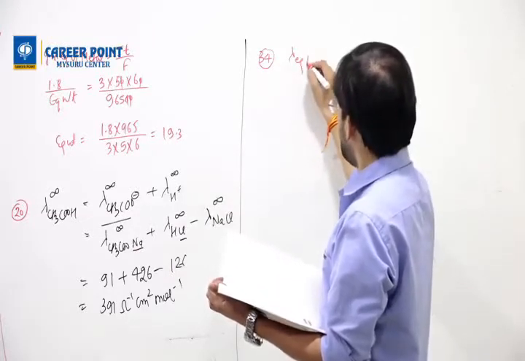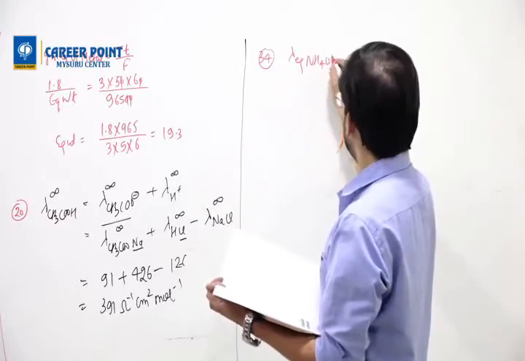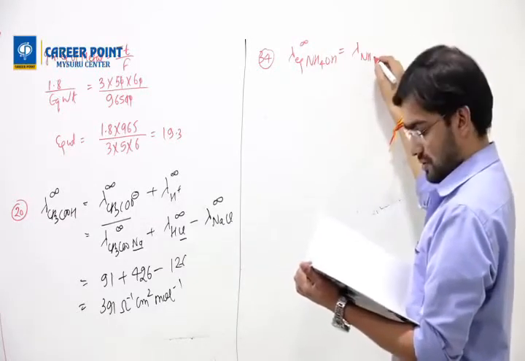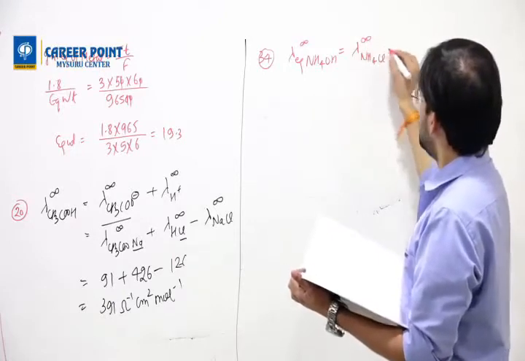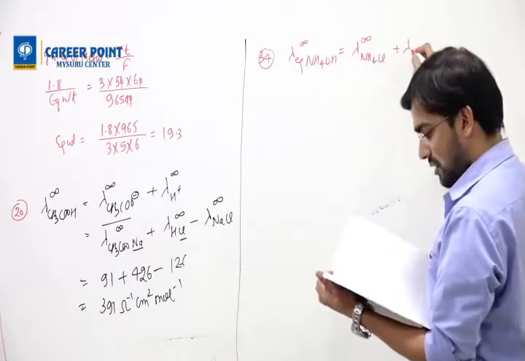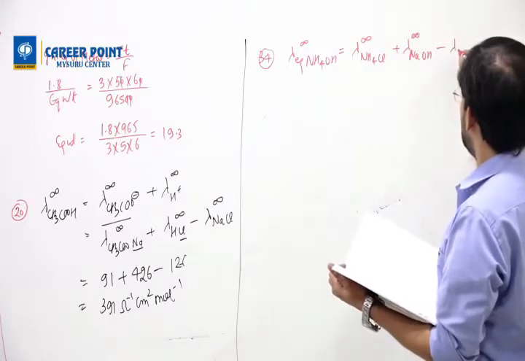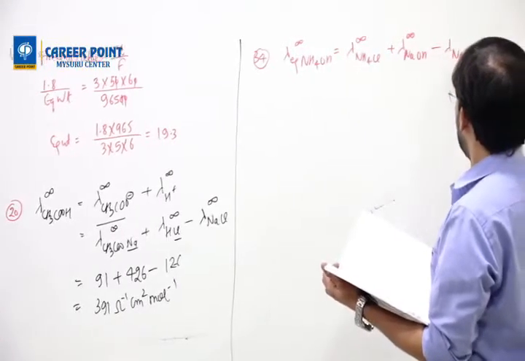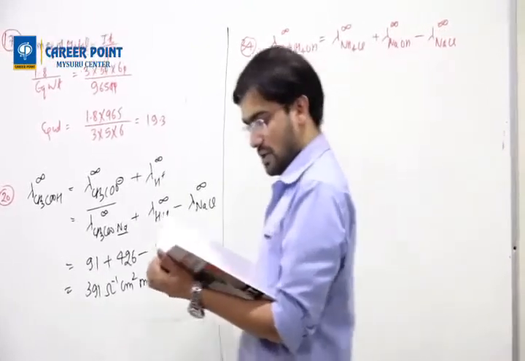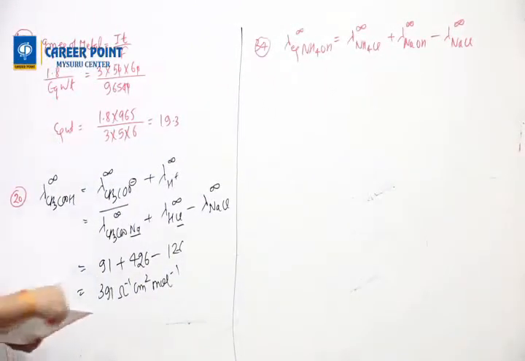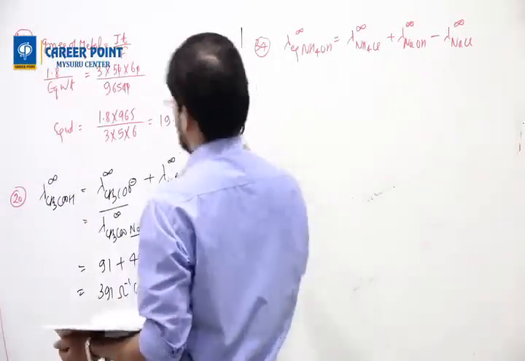Lambda EQ of NH4OH at infinite equals to lambda of NH4Cl plus lambda of NaOH at infinity minus lambda of NaCl at infinity. Then we put the values, we will get the answer here, okay?